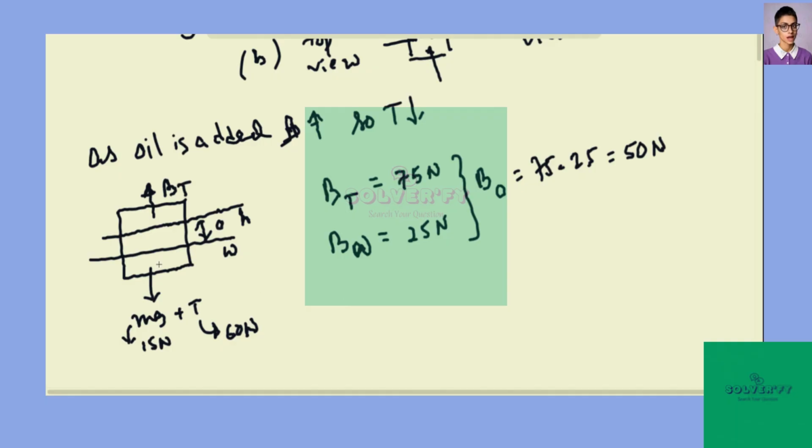So just this part of the section, this 50 Newton equals, if the cross-sectional area of the block is A, A times h, the volume under oil, times the density of oil, 800 kilogram per meter cube, times g equals 9.8.